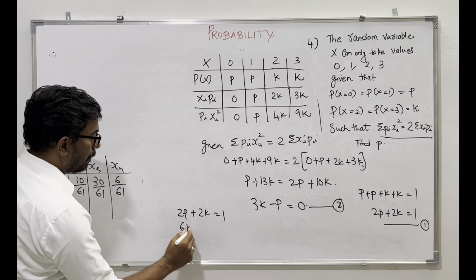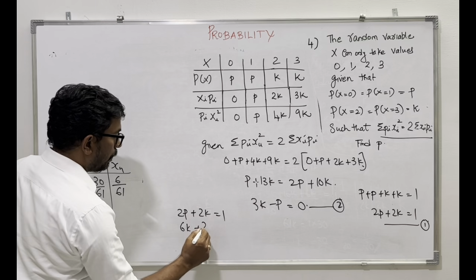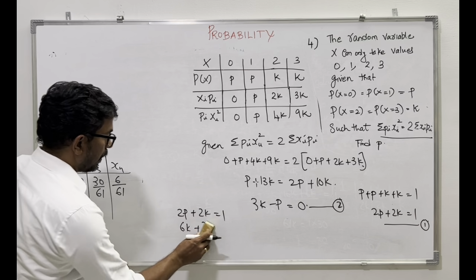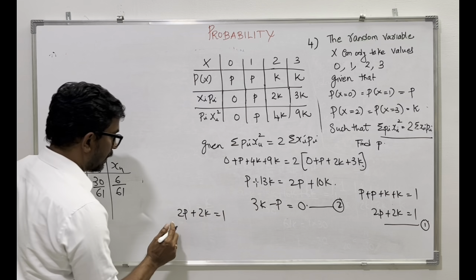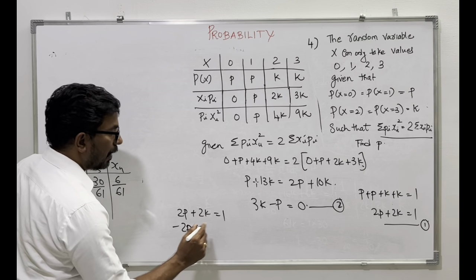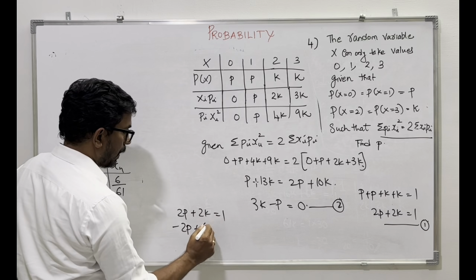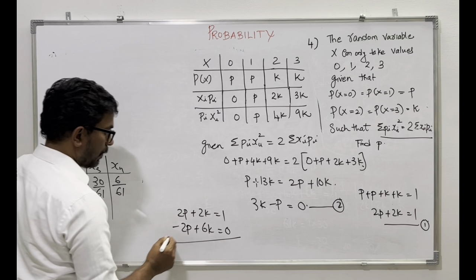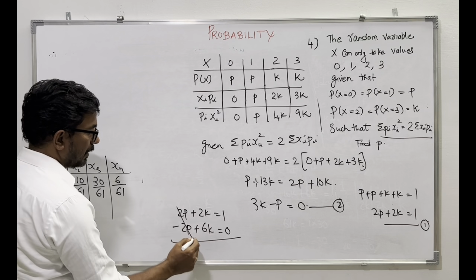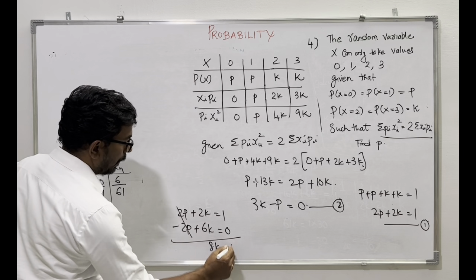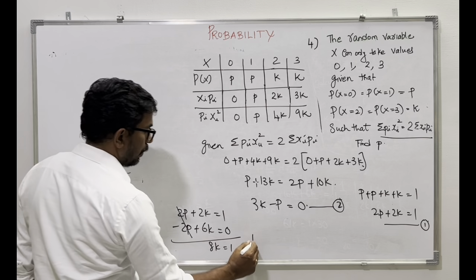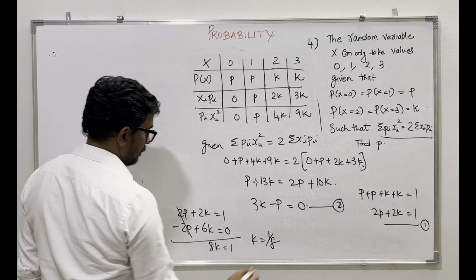Here p is first. Now I multiply the second by a 2. You will get minus 2p plus 6k equal to 0. So if you add this, p will cancel. So this will become 8k is equal to 1. So k equal to 1 by 8.